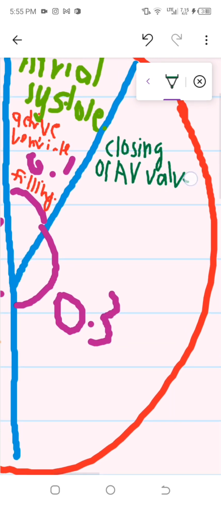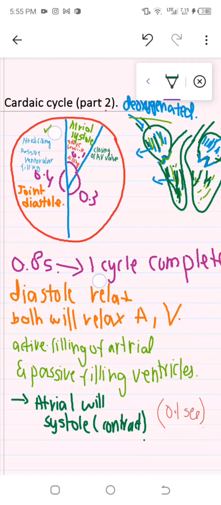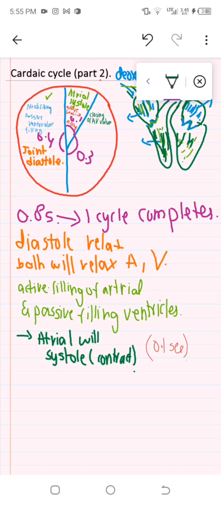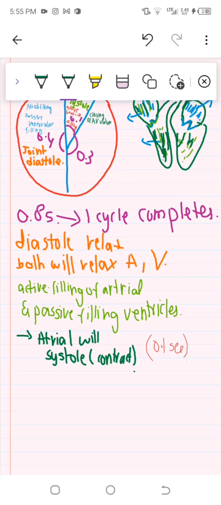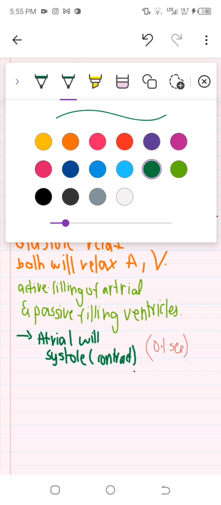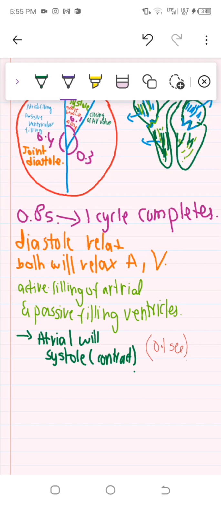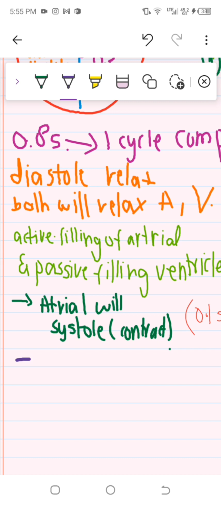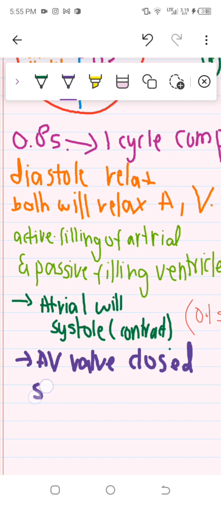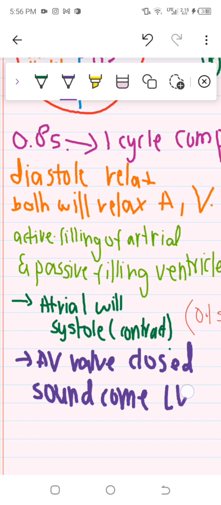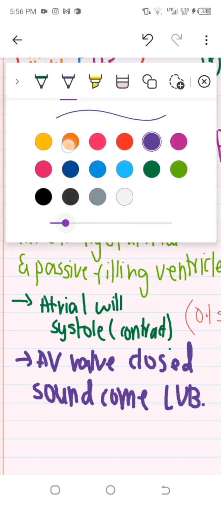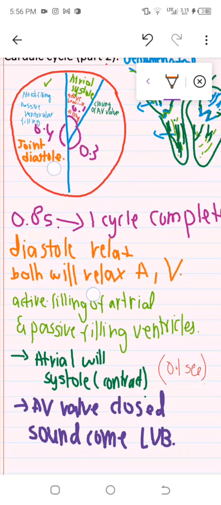As I told you, when the AV valve is closed, we hear one sound, and that is lub. The first sound we hear when the AV valve closes is lub.